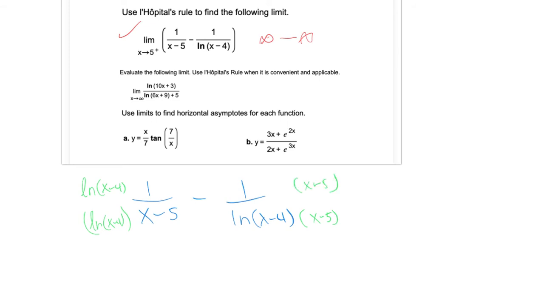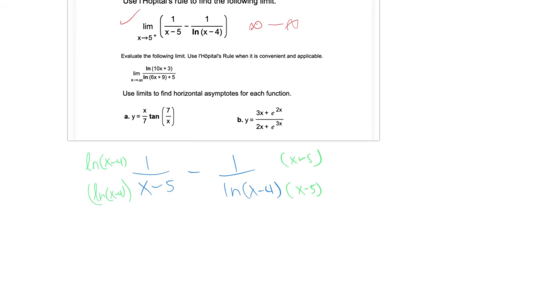And then at that point, we would have the common denominators that we need. And in fact, that common denominator would be this ln x minus 4 times x minus 5, all over ln x minus 4 minus the entire quantity of x minus 5.